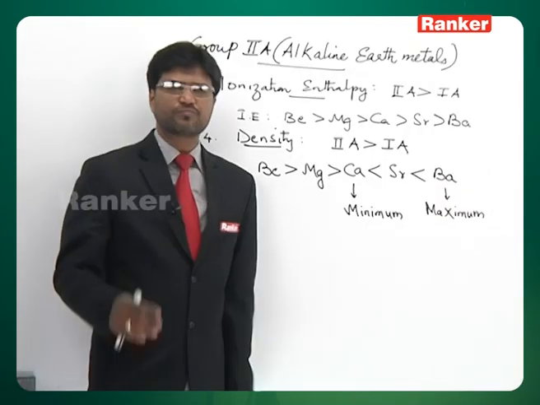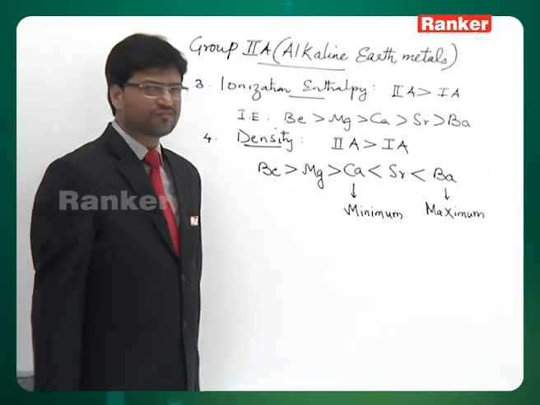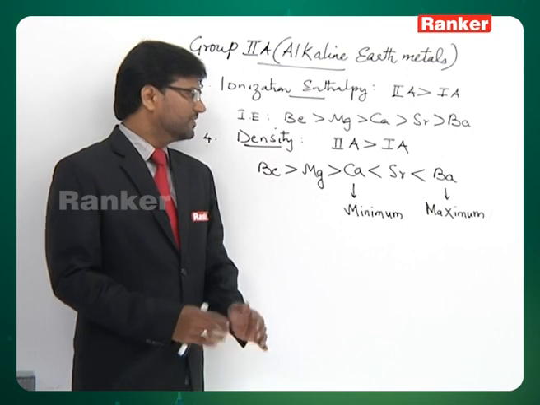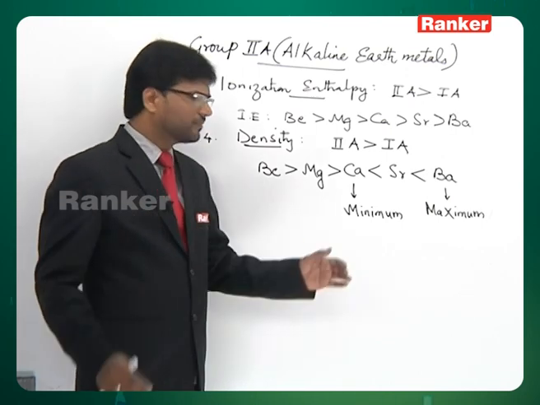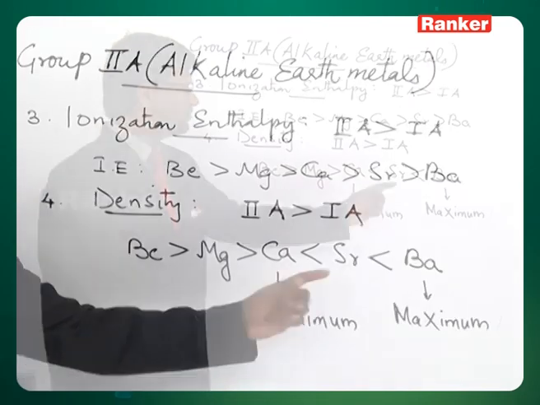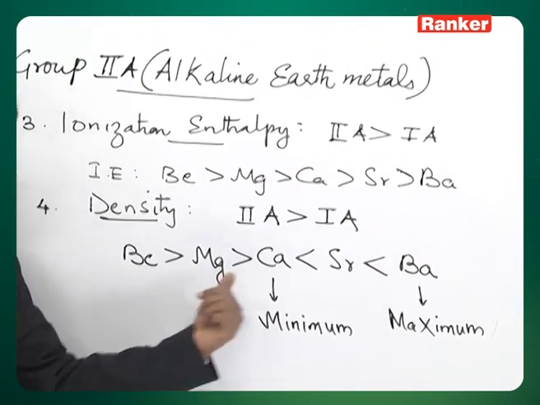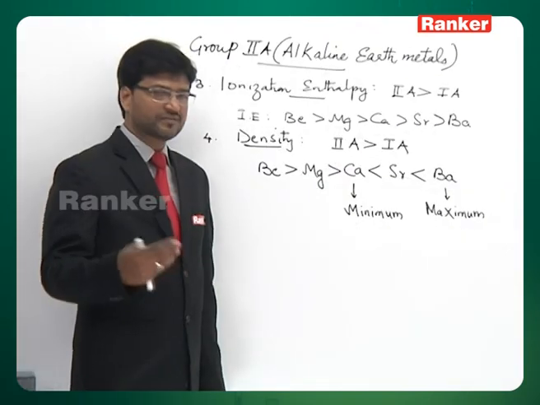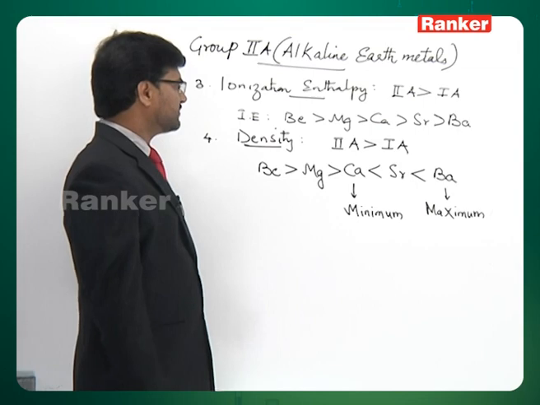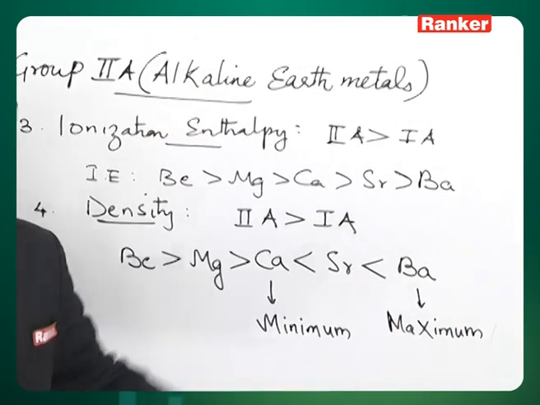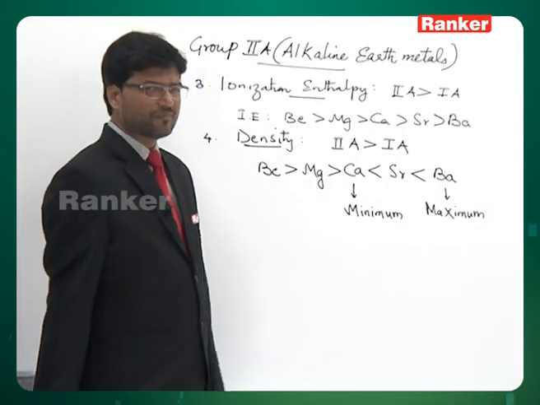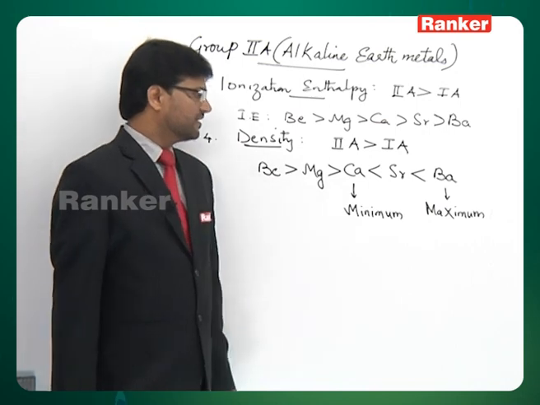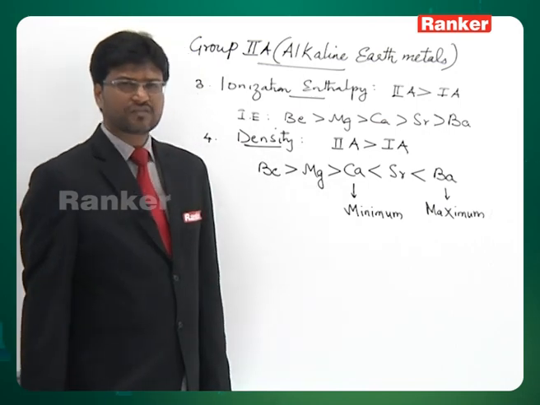Even from strontium to barium, there is a possibility of d orbital contraction, due to which the size does not increase much, atomic volume does not increase much, therefore density increases. So up to calcium there is a decrease, and beyond calcium there is an increase. It increases to such an extent that barium has the maximum density among them, and calcium is the element which has the least density among group 2A.